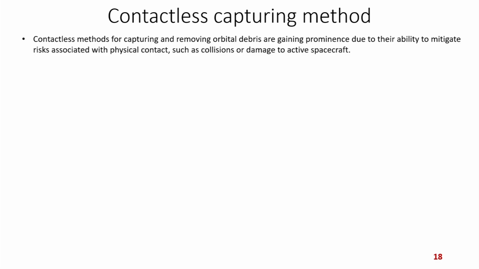The contactless methods for capturing and removing orbital debris are promising due to their ability to mitigate the risks associated with physical contact, such as collision or damage to the active, or chaser, spacecraft. You can overcome those accidents by using a contactless capturing method.